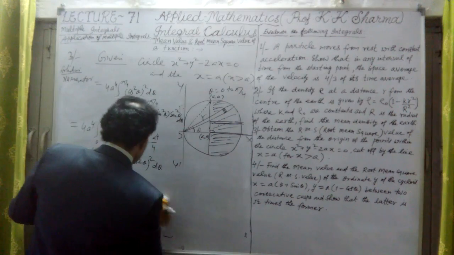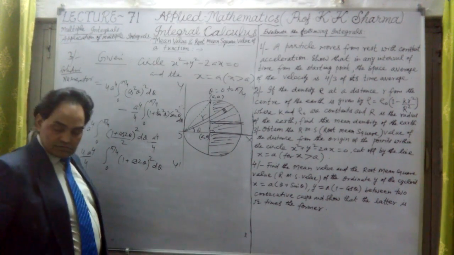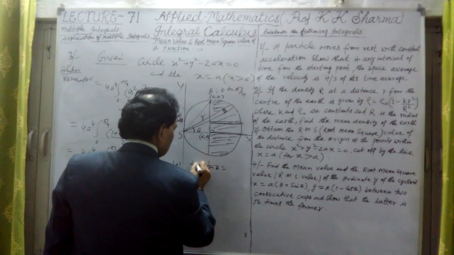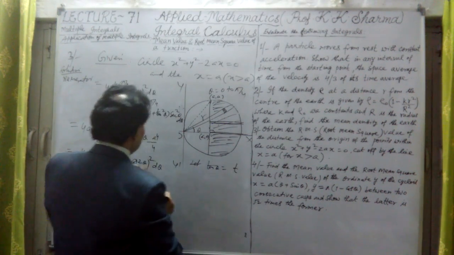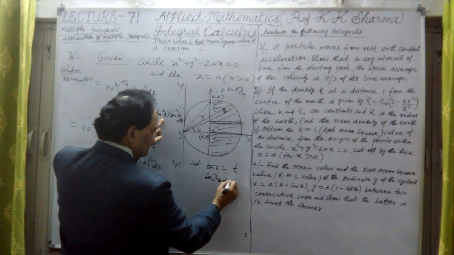Let tan theta equal to t in this case. So sec square theta d theta equal to dt.